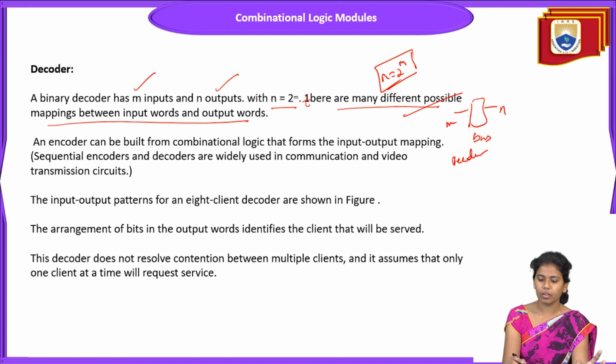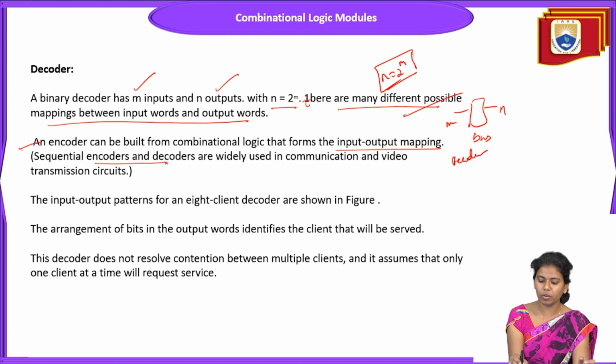Okay, so an encoder can be built from combinational logic circuits, obviously, which form the input output mapping. The input output mapping can be easily done by considering decoders. So it can build basic combinational logic circuits where it can map the input and the output.